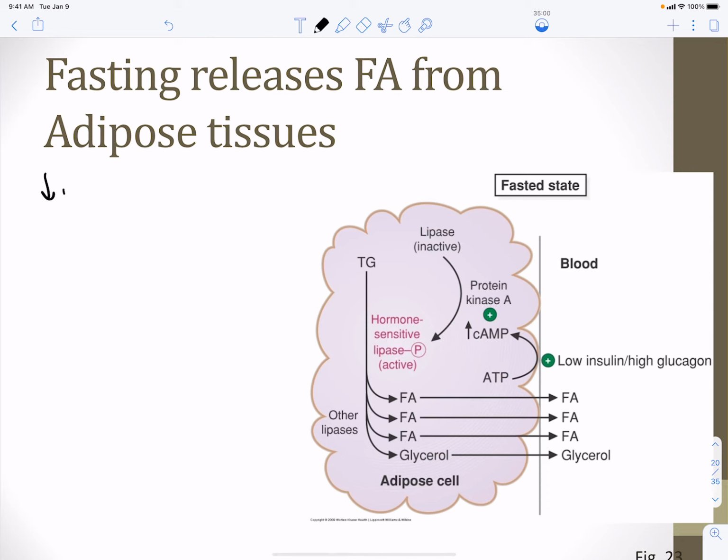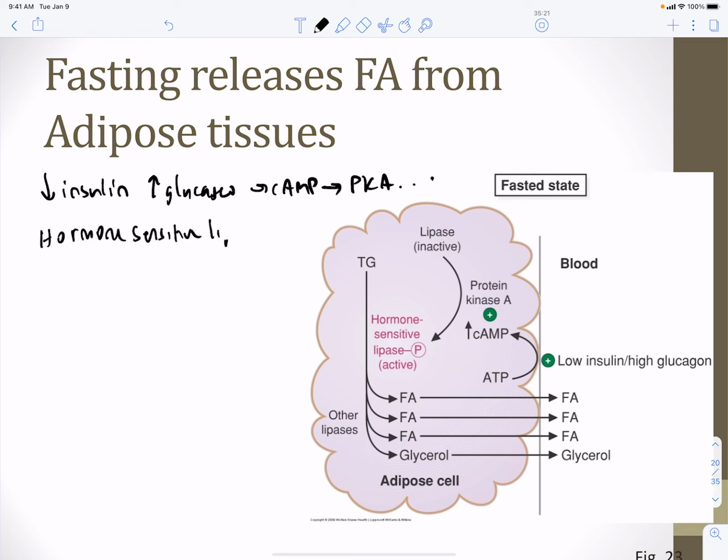So low insulin, high glucagon, and this leads to cyclic AMP, which leads to PKA, etc. You then are going to activate hormone-sensitive lipase. And this is going to cleave fatty acids from those triacylglycerols.